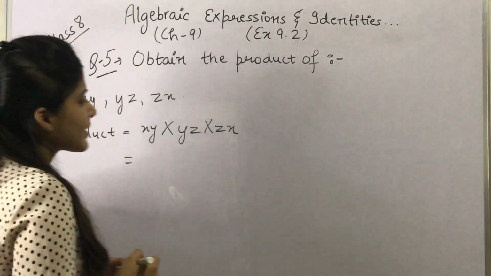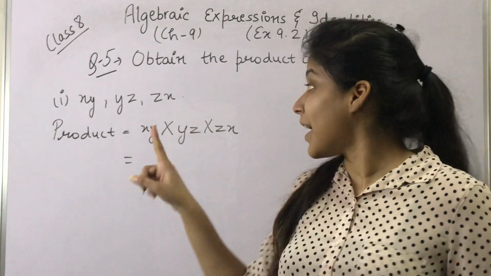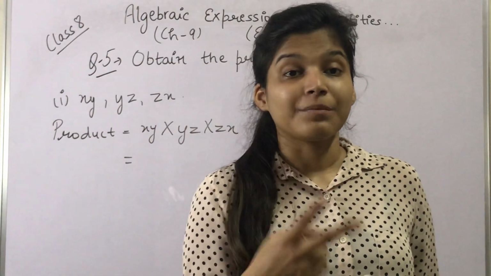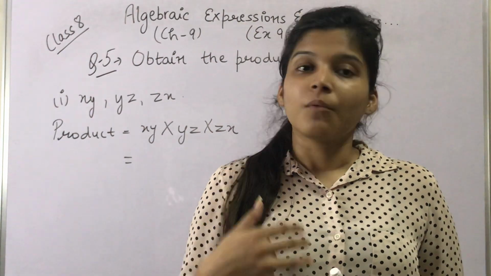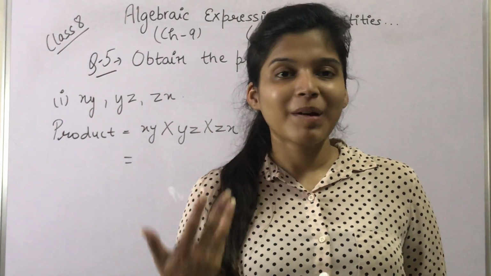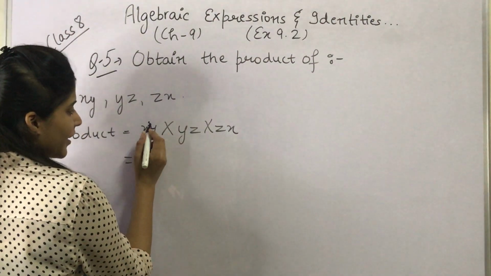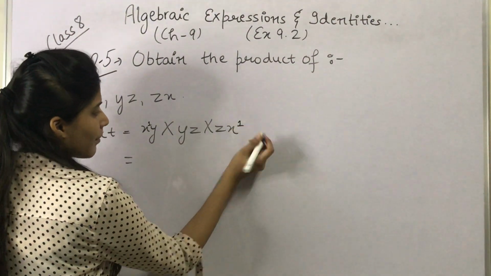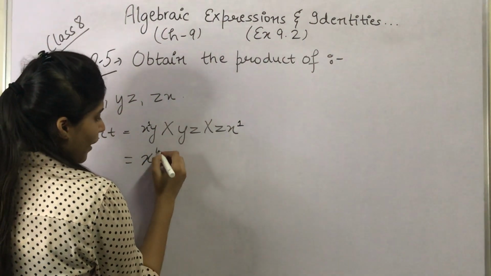Now how many times is x? 2 times, y 2 times and z also 2 times. So simply what we can write, x to the power 2, y to the power 2, z to the power 2, because see here x is raised to the power 1, and here also we have x raised to the power 1, so 1 plus 1.